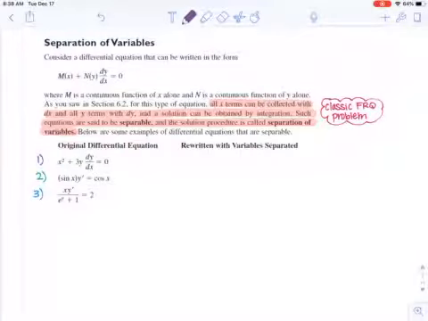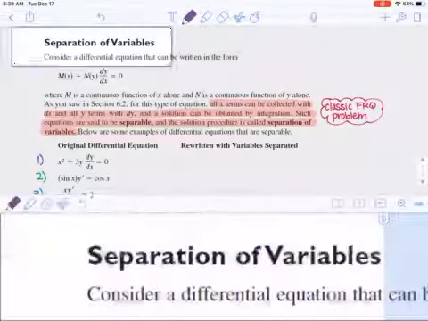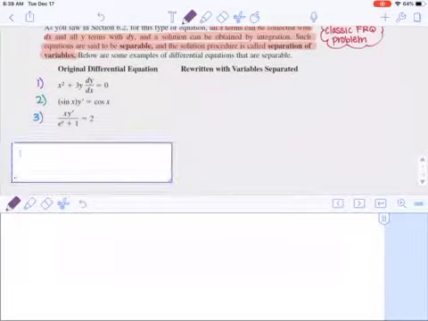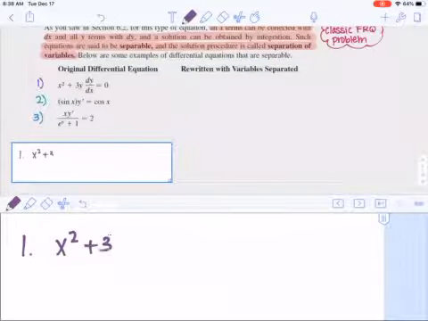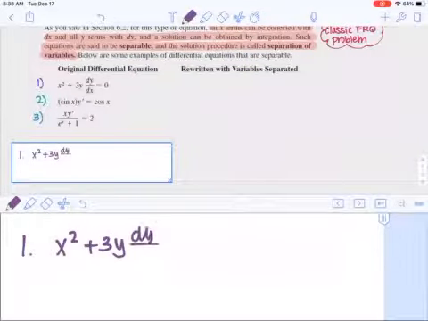Okay. Not every single differential equation is separable, and so that's one thing that we need to recognize. When can you, when can't you? Okay, so let's take a look. For these below, for number 1, I have x squared plus 3y dy/dx equals 0.